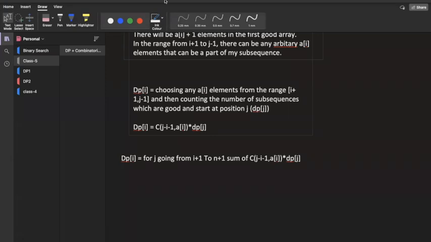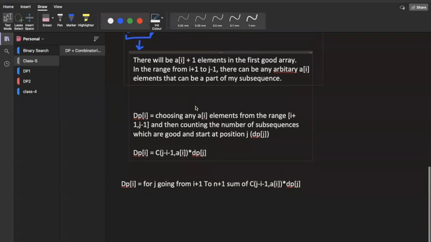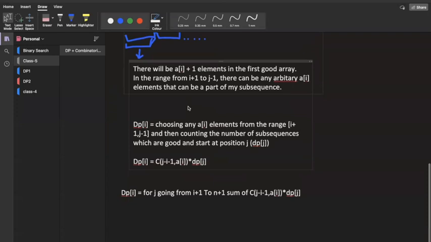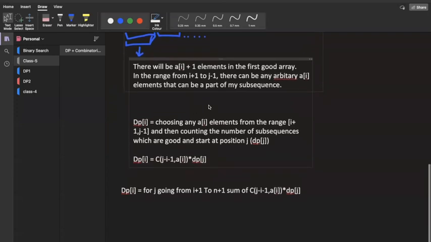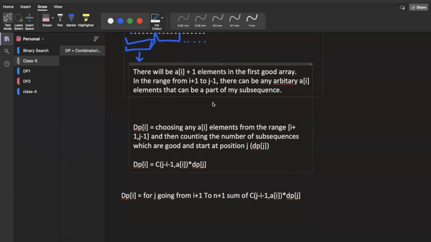So let's look at the definition of dp of I again. dp of I counts the number of good subsequences which start at the position I. So there is this constraint that the subsequences should start at position I, right? And when I iterate on j, I am basically making sure that the good subsequences which are there, their second good subarray starts at position j, right? So if I'm making sure that everything starts at different positions, then there is no double counting.